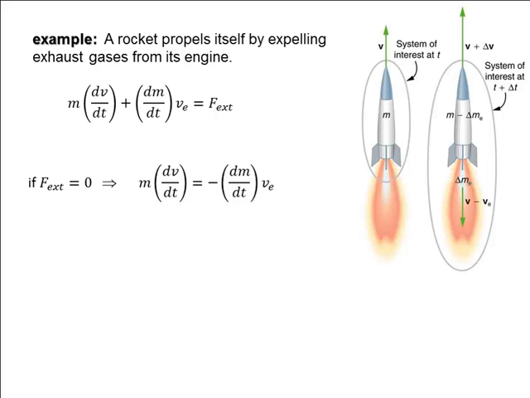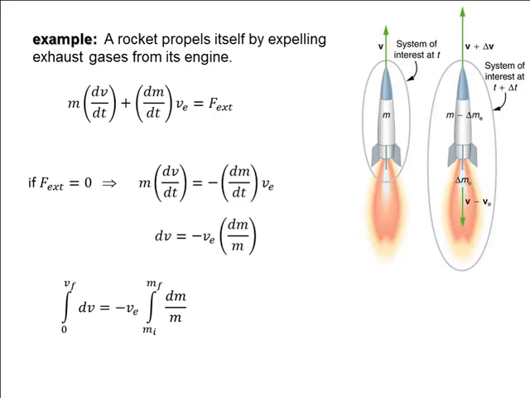In any case, we want to try to find the velocity of the rocket. So if we multiply this equation through by dt, we get this. And so we can do the same thing to both sides. We have only quantities that involve dm, or the mass itself, on the right. The left side only depends on dv, so we can integrate both sides of the equation.